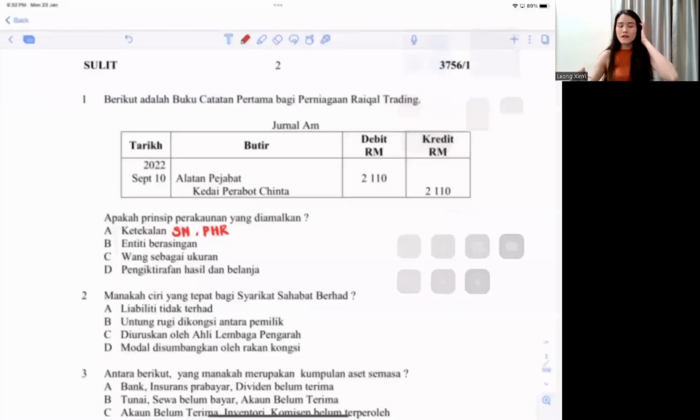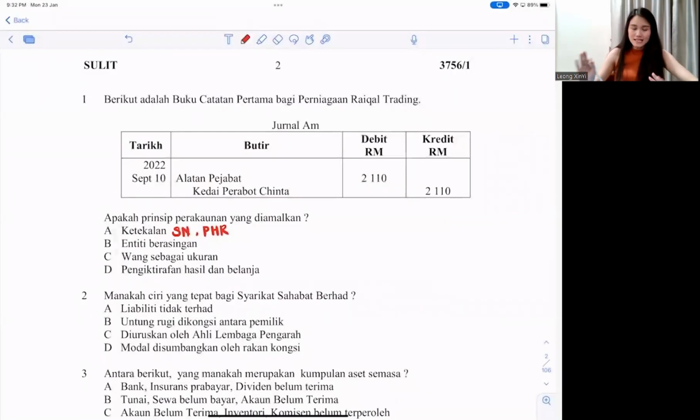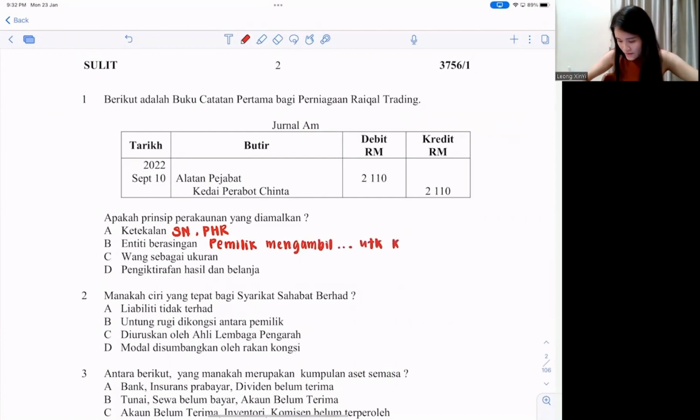Okay, we're back. All right, so entity berasingan is going to be about pemilik, usually pemilik mengambil untuk kegunaan sendiri. Alright, so this is the entity berasingan, while wang sebagai ukuran is basically recording things in RM form.